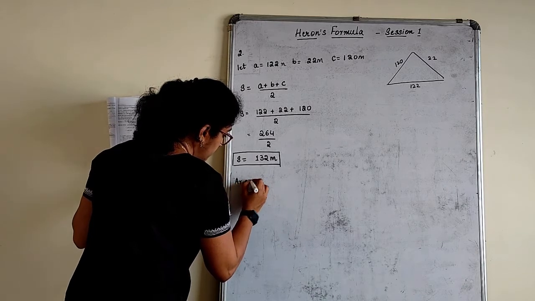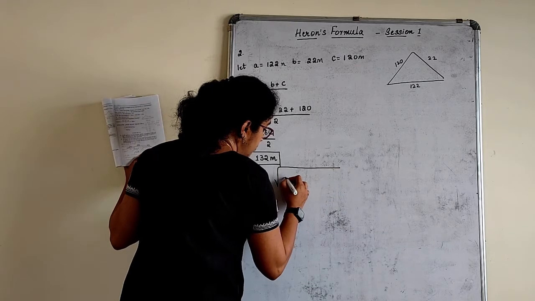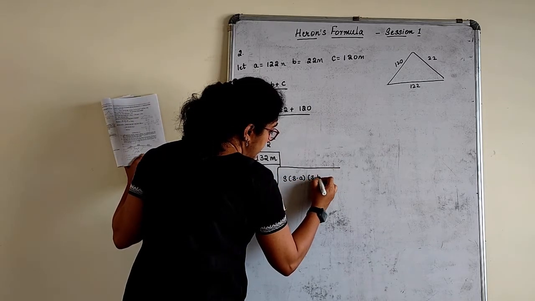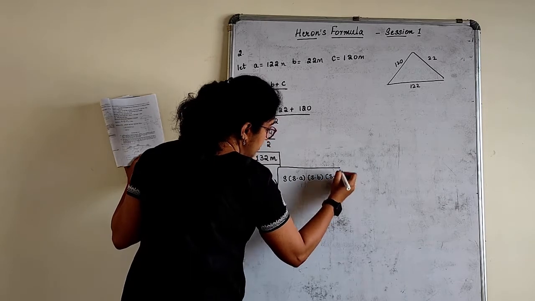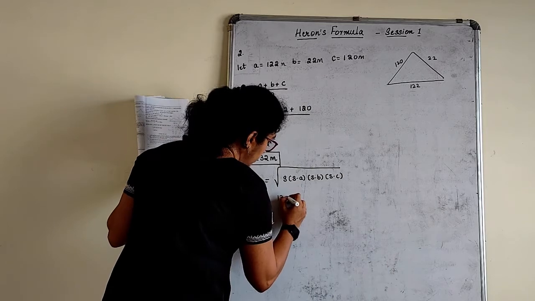Area of triangle is equal to square root of s(s minus a)(s minus b)(s minus c). The formula is very important. What is s? 132.